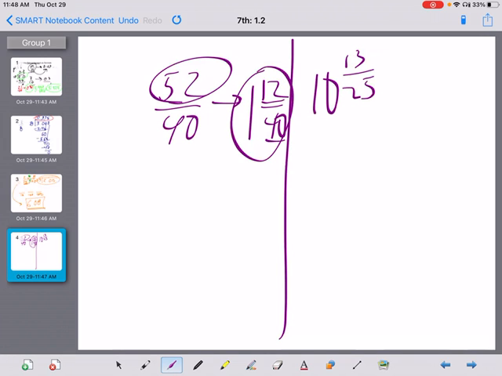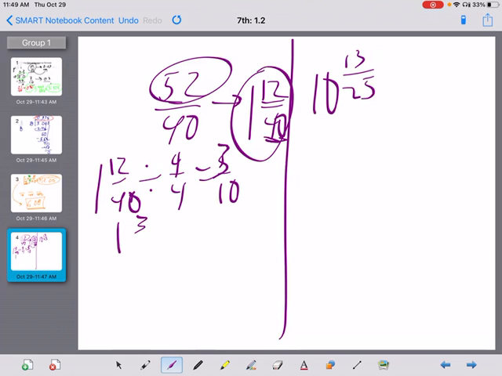So maybe if I reduce it all the way down, I can get it to go where I want. I want this number to be over 10 or 100, because I don't want to have to do a long division, because I'm lazy. 12 over 40, well, what can I divide by? I think 4 over 4 should work. It becomes 3 over 10. Look at that, 1 and 3/10. That looks promising. 1 and 3/10, done, right?